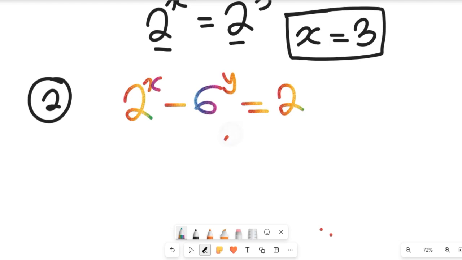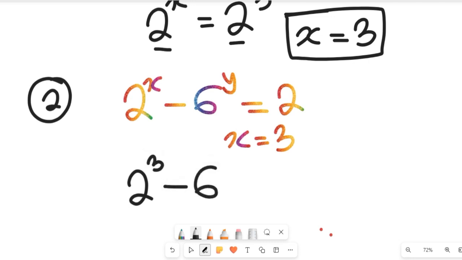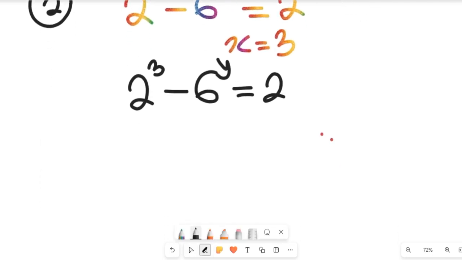And remember, we're given that x is equal to 3. So if we substitute that, we'll have 2 to the power of 3 minus 6 to the power of y, and this will be equal to 2. Now 2 to the power of 3 is going to give us 8, so we'll have 8 minus 6 to the power of y equal to 2.